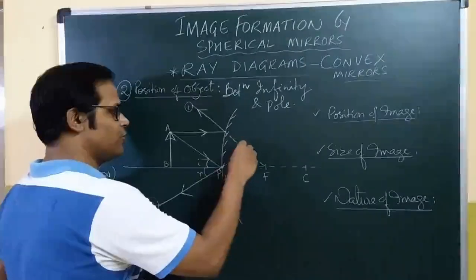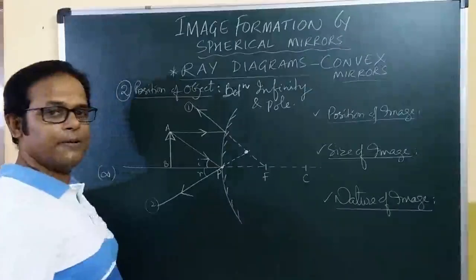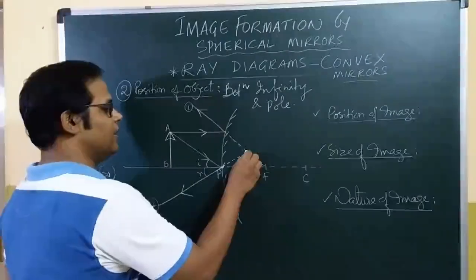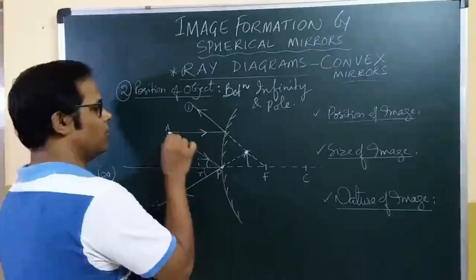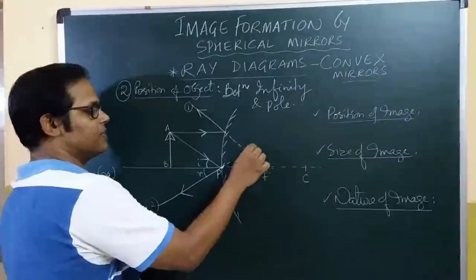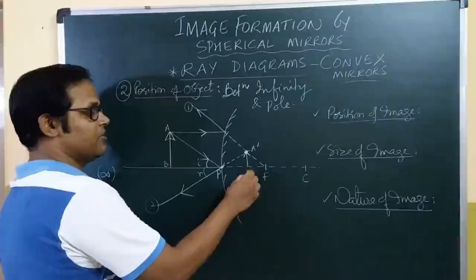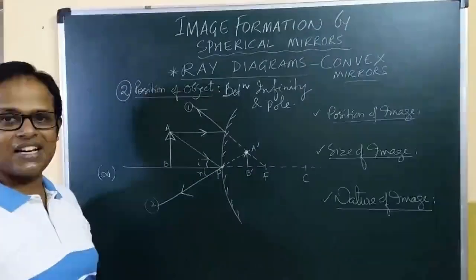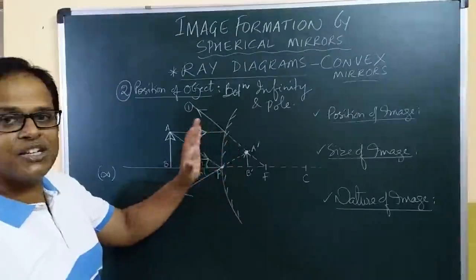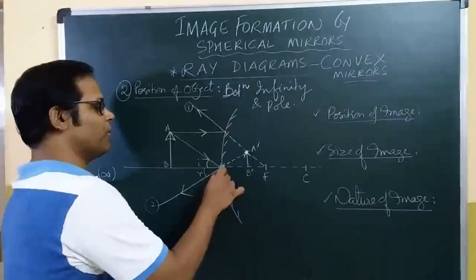As I produce them back, I find there is a virtual intersection happening above the principal axis, and that has to be the image of the tip of the object. If the object was A, then this tip will represent A prime. If the foot was B, then this will represent B prime. That's it. Is it clear? So AB is the object, A dash B dash is our image. So that's it. A very, very important point to be noted down.